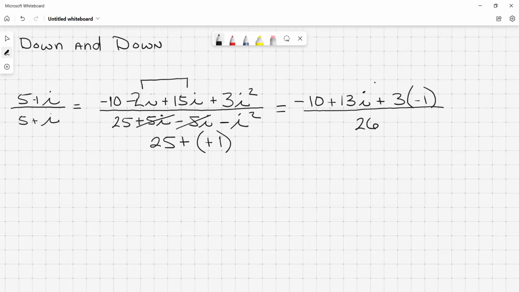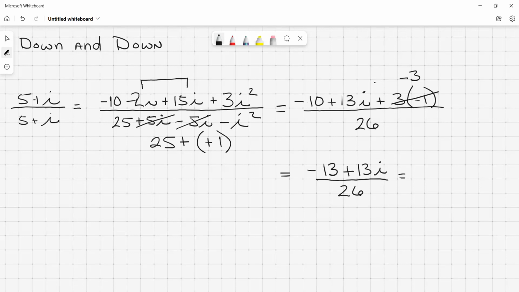In this numerator, you got the 3 times negative 1. So this becomes negative 3. When you combine the negative 10 and the negative 3, you get negative 13 plus 13i over 26. Now you can divide, or you can simplify both of these.